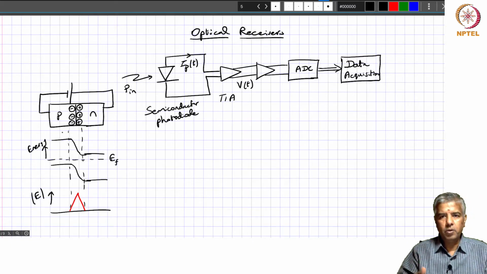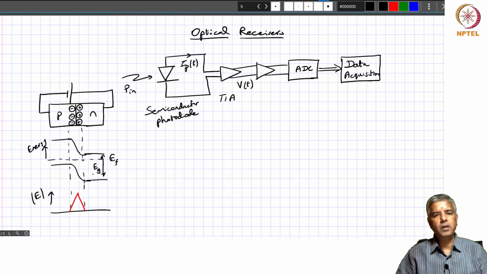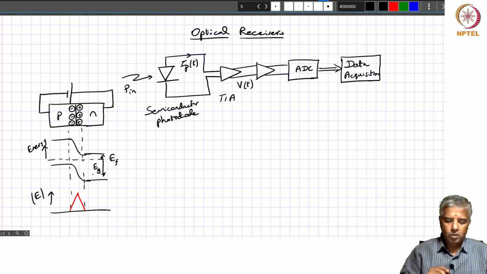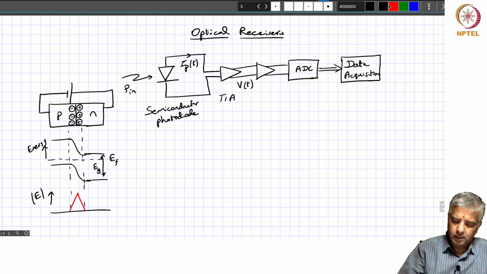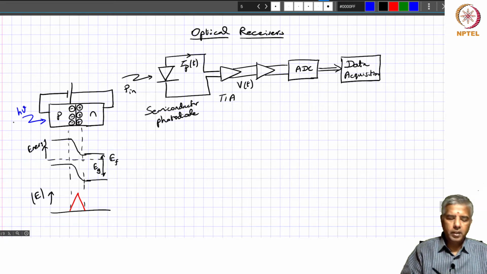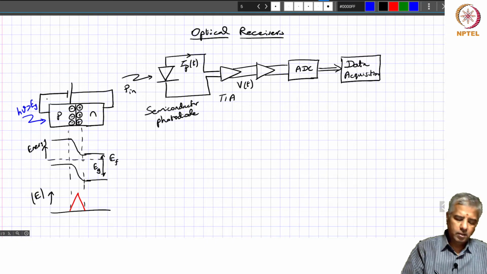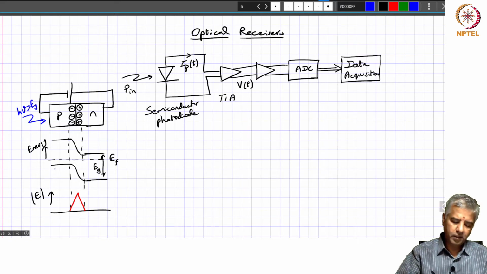So now we will look at the mechanism for light absorption, right? How it works like a detector. Well, we know that this corresponds to Eg, that's the band gap energy, right? So if you have any light coming in corresponding to an energy h nu, and if h nu is greater than Eg, okay, it's greater than the band gap energy, then you have absorption happening across the structure.